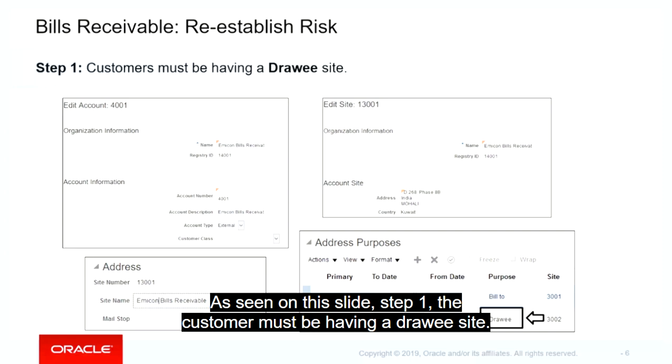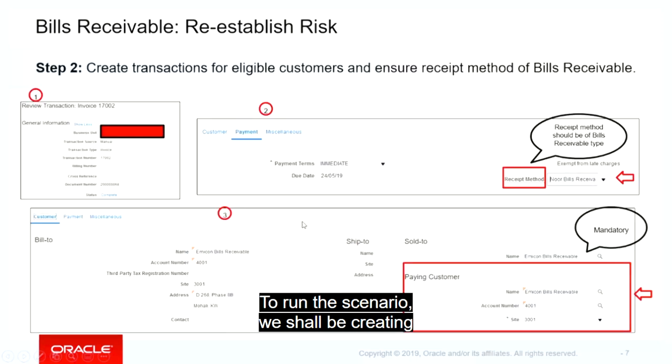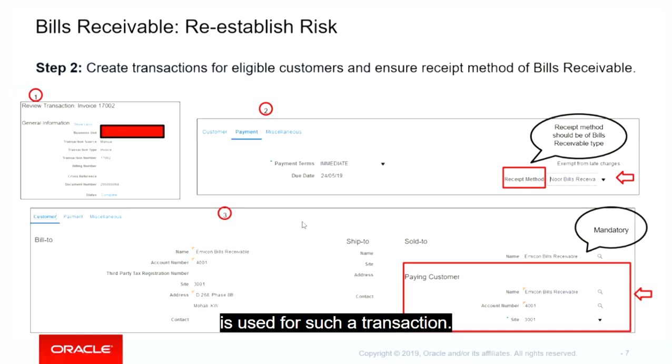As seen on the slide, in step 1, the customers must have a drawee site. The site purpose has to be drawee in such a case. To run this scenario, we shall be creating a transaction for eligible customers and ensuring that the bills receivable receipt method is used for such a transaction.